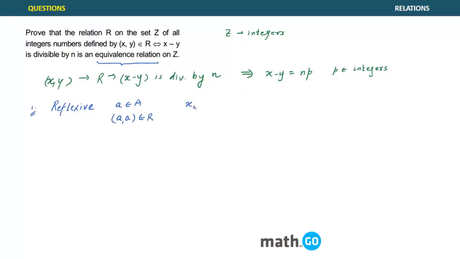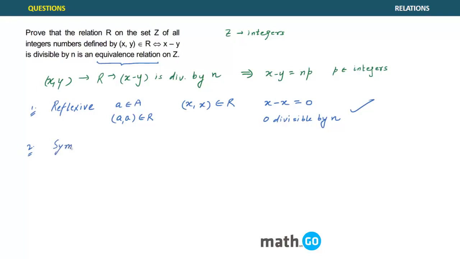We want to say that x comma x lies in the relation. x minus x is nothing but 0, and 0 is divisible by n, which is completely true. So this relation is reflexive, no problem at all.